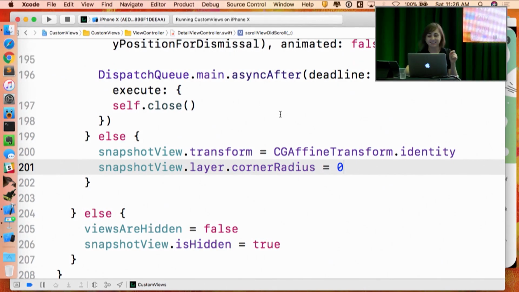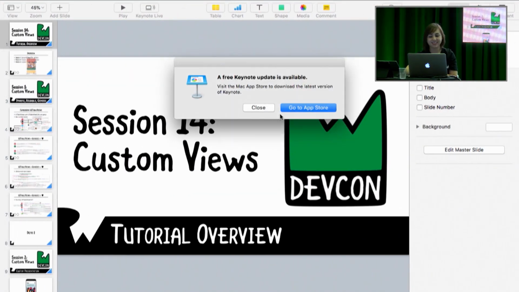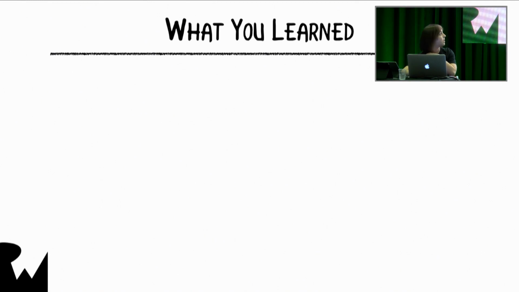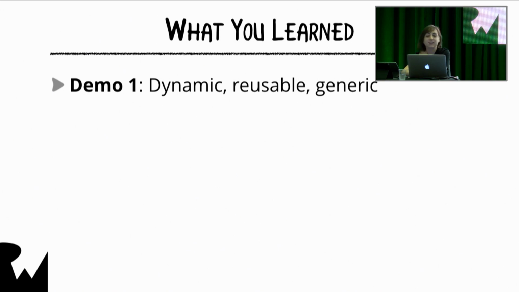For now, this concludes the demo part of this session. Let's do a quick recap of all of the stuff that we learned in this session. So first, you learned how to use generics to give your UITableViews and cells more flexibility, and how to make them more reusable.